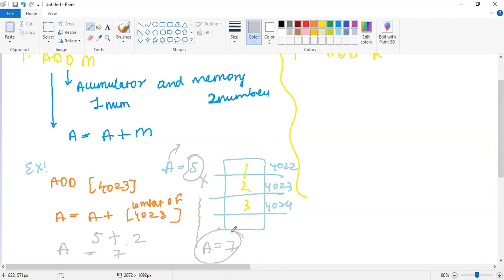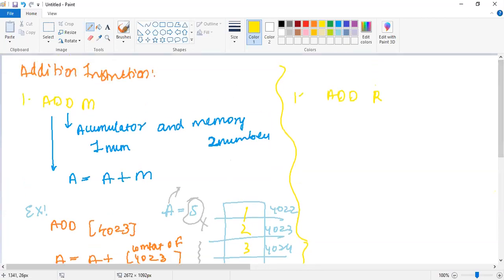After every explanation, you have to give them one example too. Now, can anyone tell me which type of addressing mode this is? Direct, yes, right.